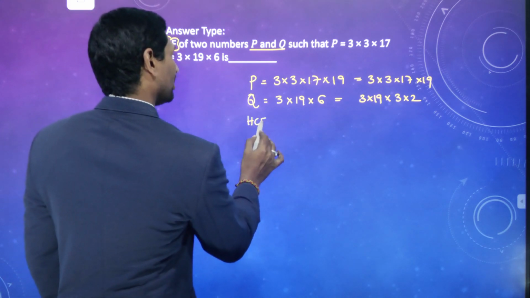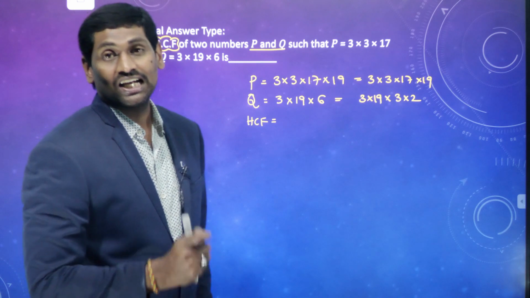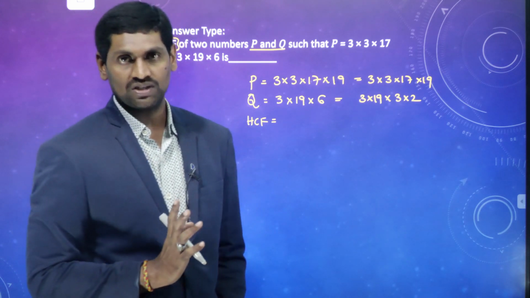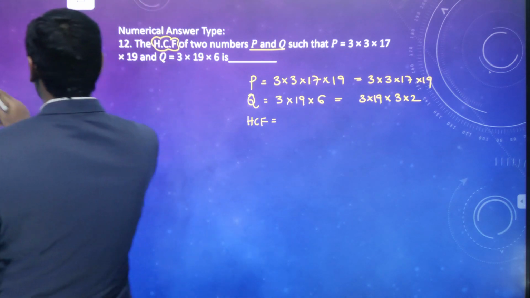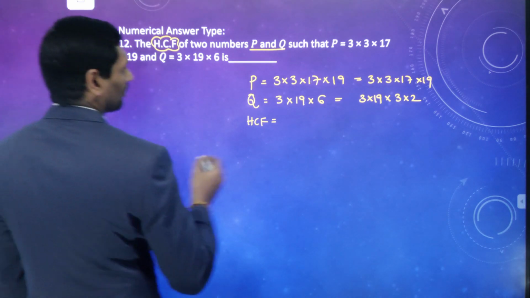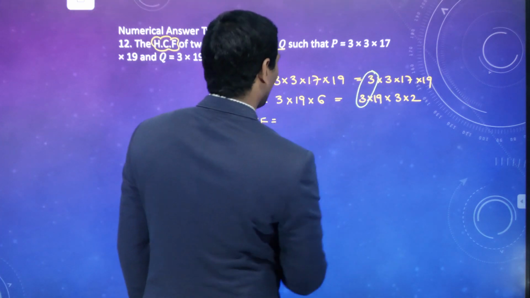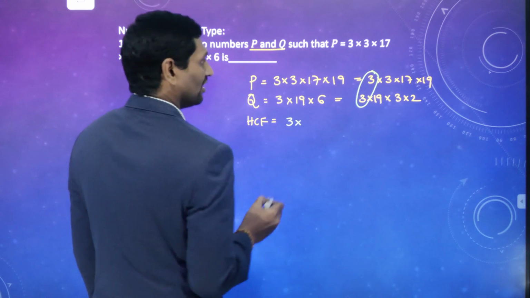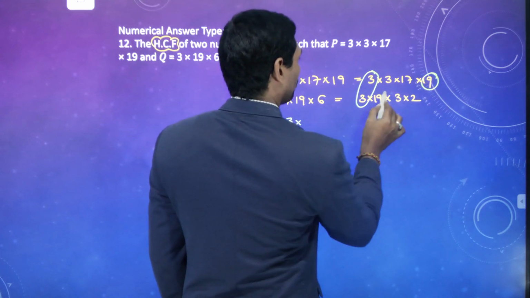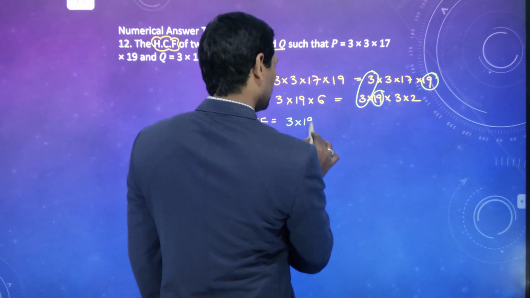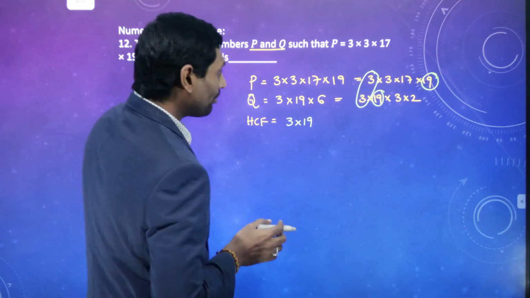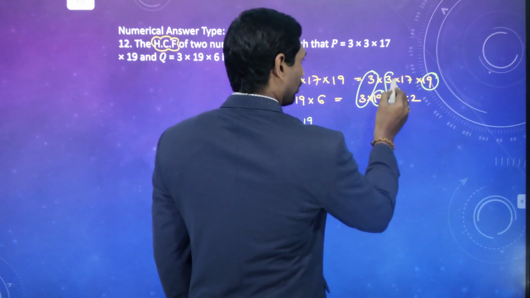HCF is nothing but we check only the common factors among these two numbers. I am just circling the common factors here. So 3 is the first common factor, so I can write it here. 19 is also a common factor among these. 3 into 19. Any common factors? Yes, one more 3 is there.